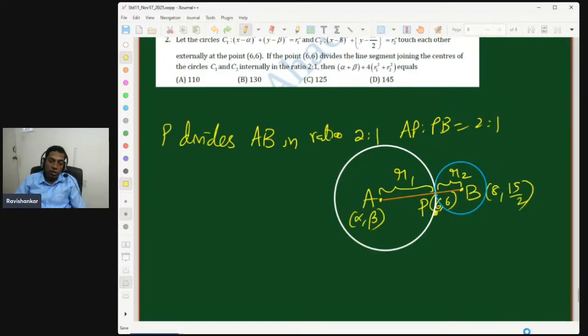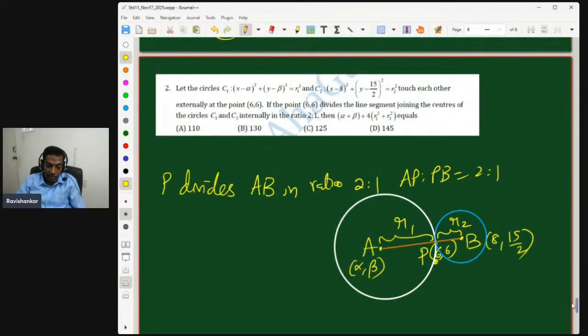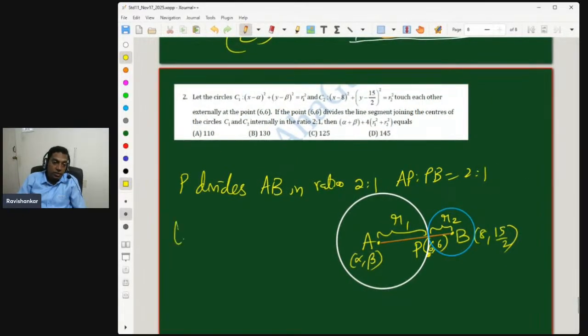Okay, so if you have solved this question, good. And if you are still solving it, fine, not a problem. So I said use section formula. P divides AB in the ratio 2:1.